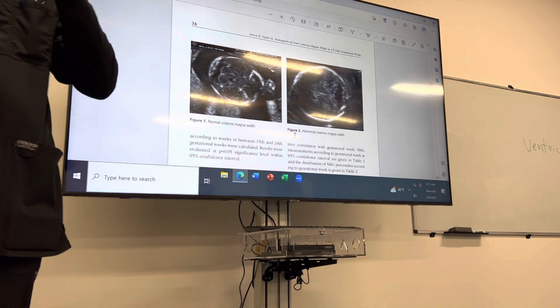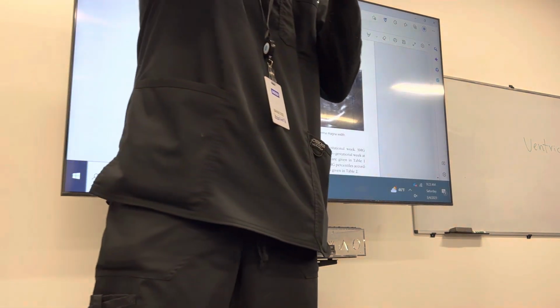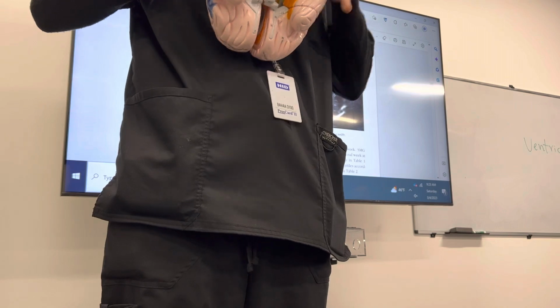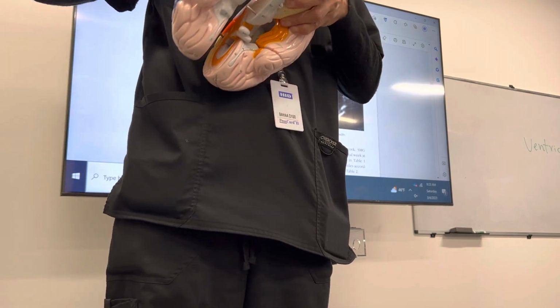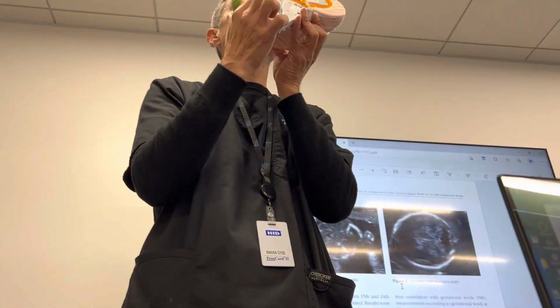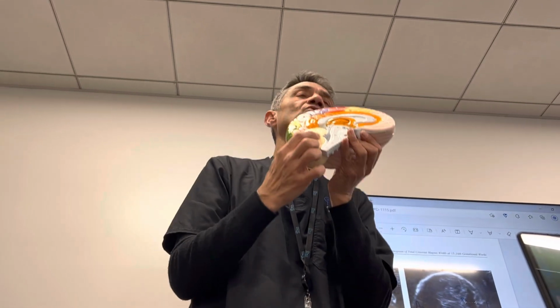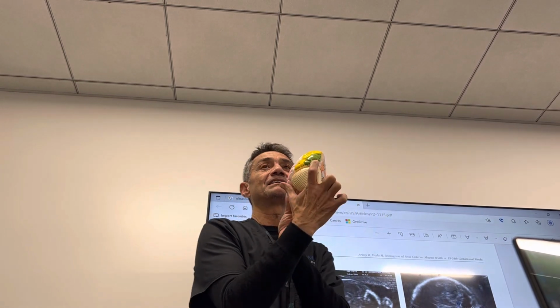Meaning, I am talking about those two, and I'm talking about the area that connects both of them, which is this part, exactly where I put my finger. We refer to it as the vermis. Those babies are born with no vermis. They're missing this area. Now, your cisterna magna is exactly my finger.